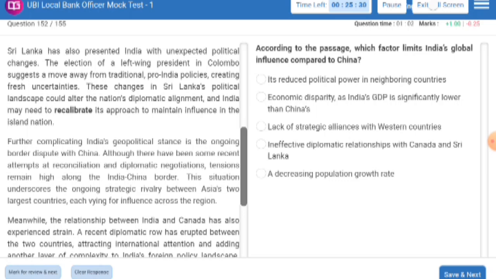Further complicating India's geopolitical stance is the ongoing border dispute with China. Although there have been some recent attempts at reconciliation, tensions remain. The situation underlies a strategic rivalry between the two largest countries.